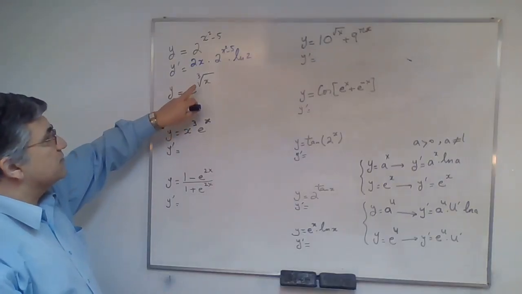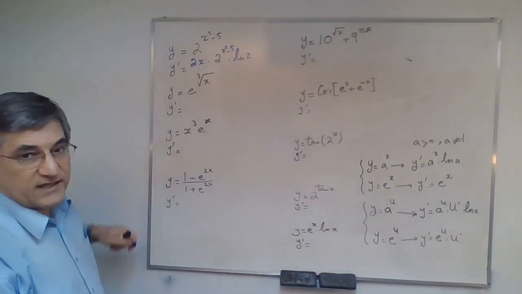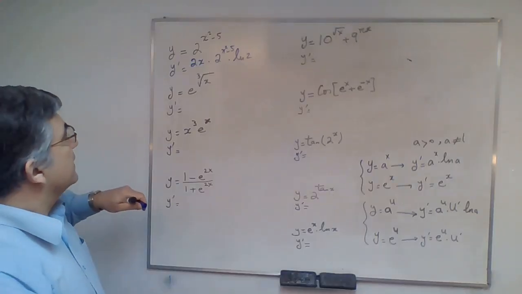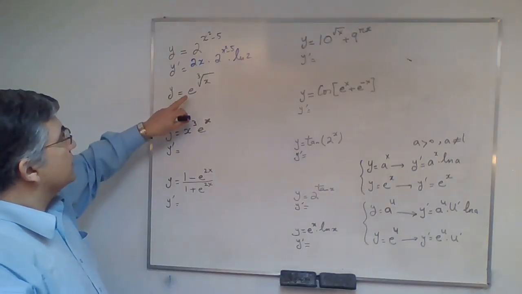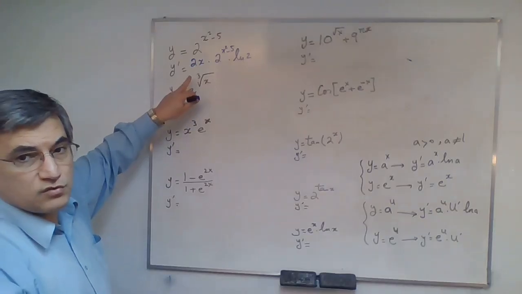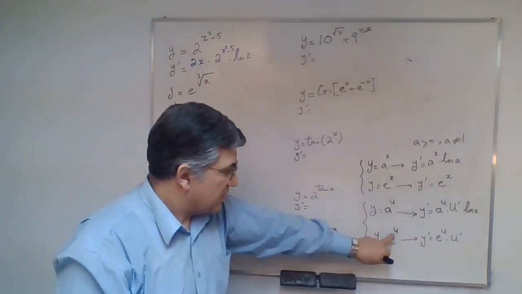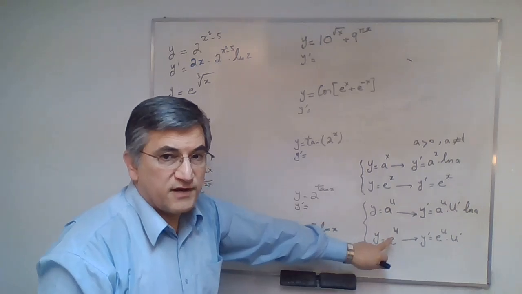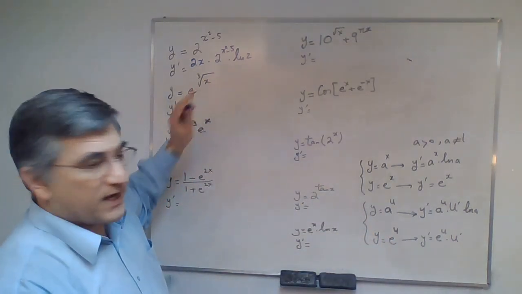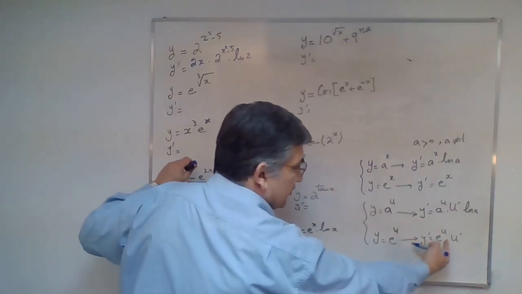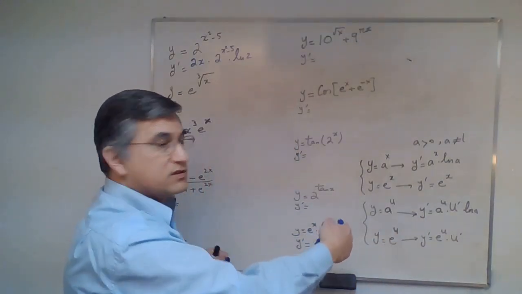Next one is e to the power of cube root of x. E to the exponent of cube root of x, which means that u, the function of x, is cube root of x. So following the formula, the answer is u prime times e to the u.